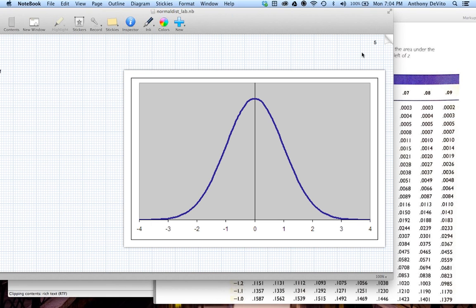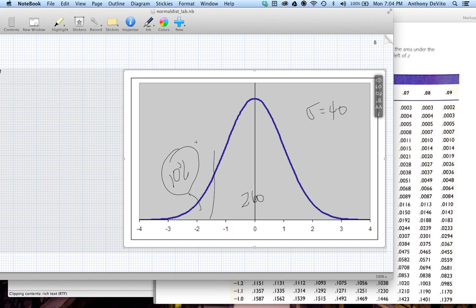Okay, there's another way we can use this z-table. Let's say our mean is 260 again, and our standard deviation is 40. Let's say I said to you, I want to know what batting average I have to be in the lowest 10% of all baseball players playing in the major leagues.